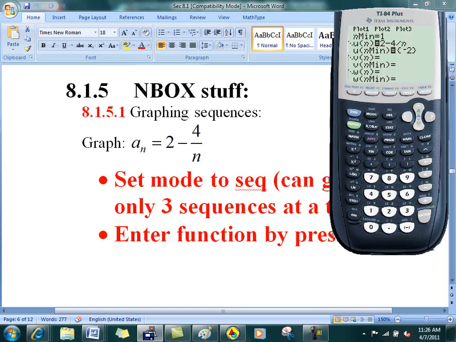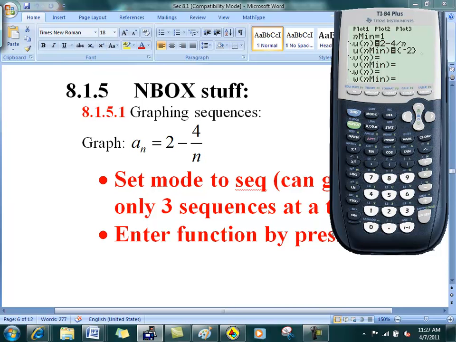Even though you give it the formula and the n min, it still wants you to enter that smallest value of u. So if you put n equals 1 in there, it becomes 2 minus 4, which is negative 2, which is what you enter in your calculator there.